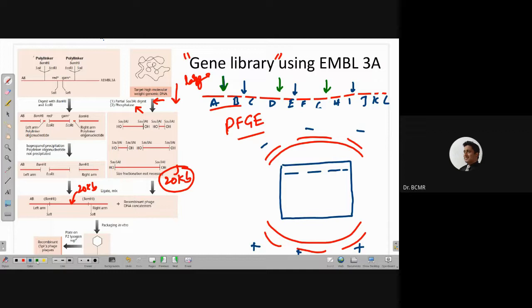At any given time, electrode set 1 will be active, so the DNA will move like this. Then electrode set 2 will be active, and the DNA will travel this way. And at a later time, electrode set 3, so the DNA will be moving like this.